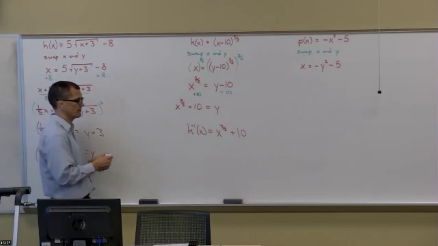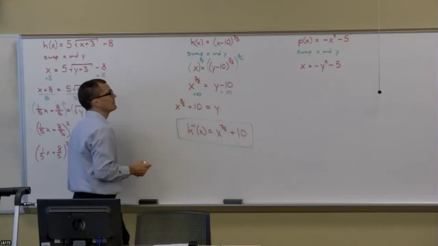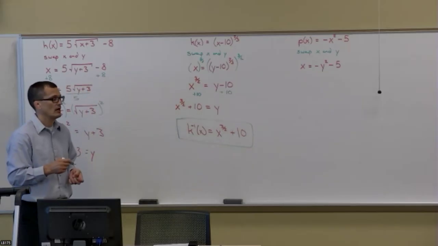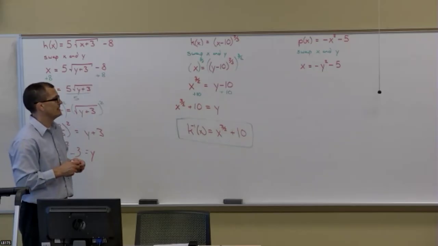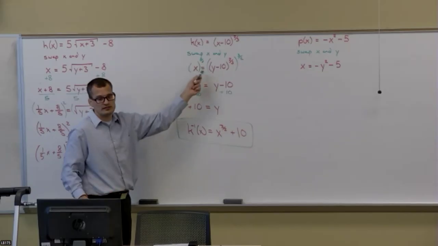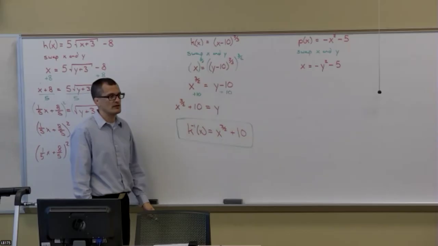That's it. That's the whole thing. If you wanted to check, you could do function composition and see that it works. Again, it does work. There are some restricted domain issues that we're dealing with.